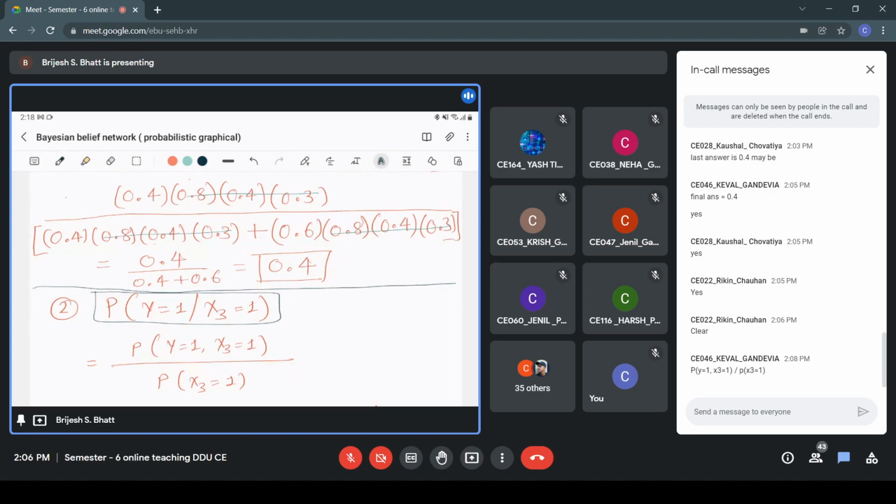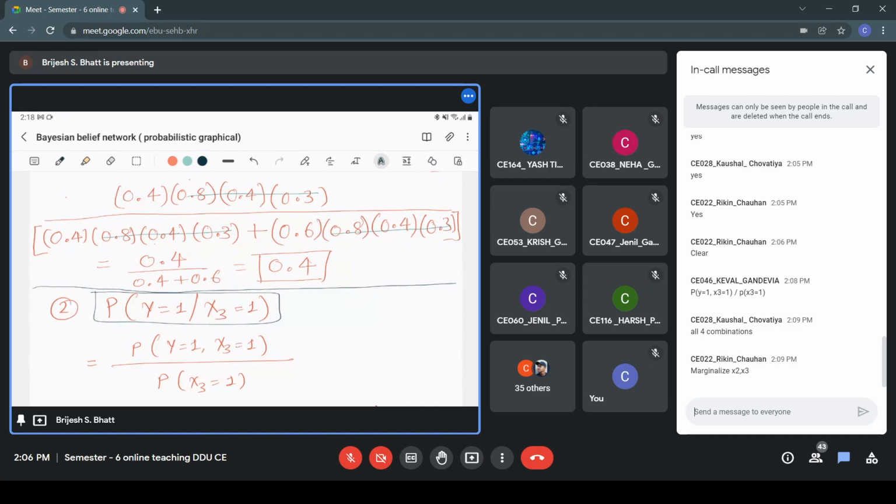So what would you do in this case? You marginalize over x1 and x2 in the numerator part, and in the denominator part you will marginalize over x1, x2, and y.